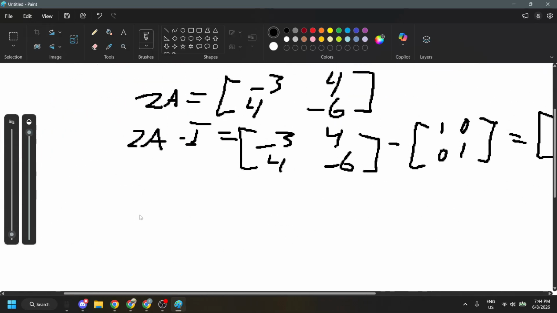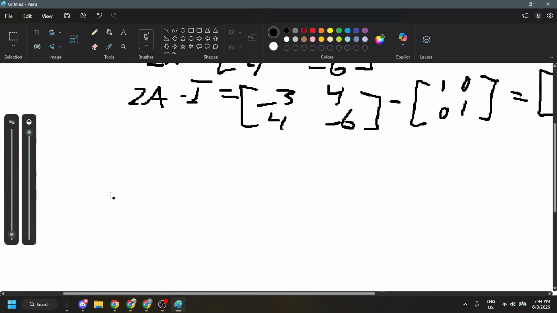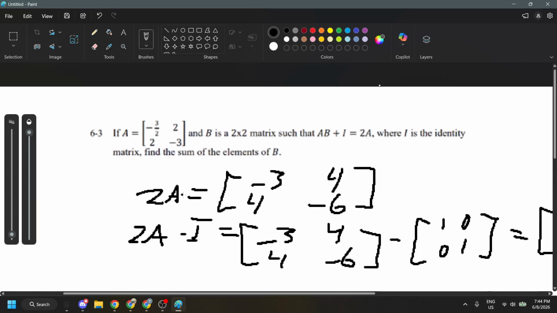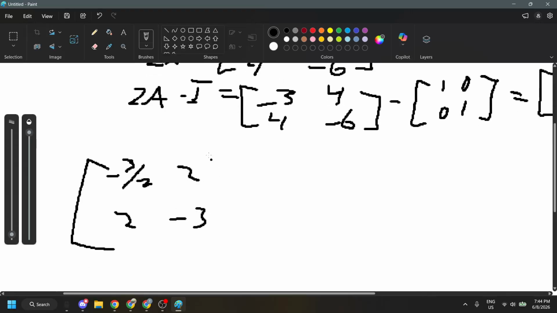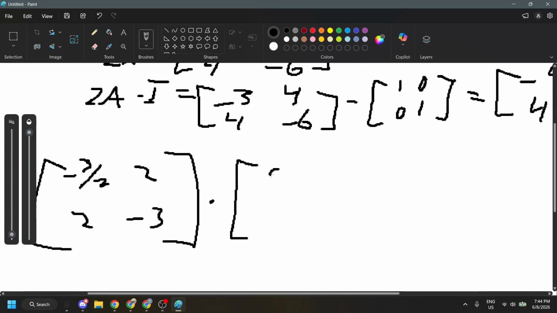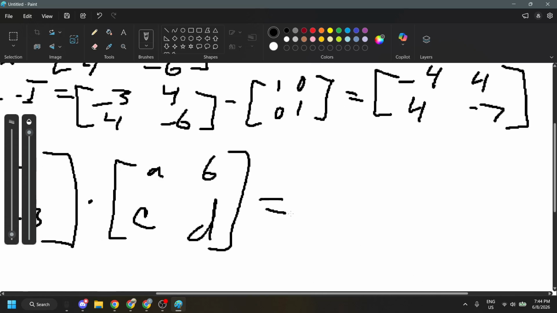So now we know that if we call this, okay, so this is negative 3 over 2, 2, 2, negative 3, times the elements here, which will be a, b, c, d, equals negative 4, 4, 4, negative 7.